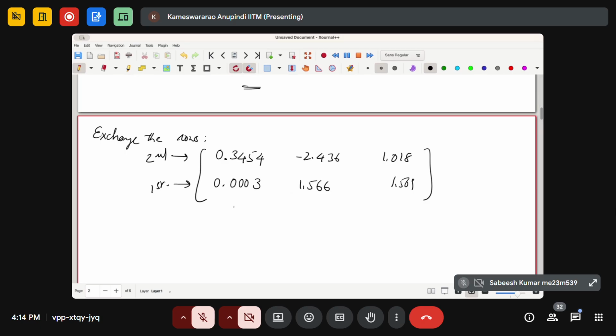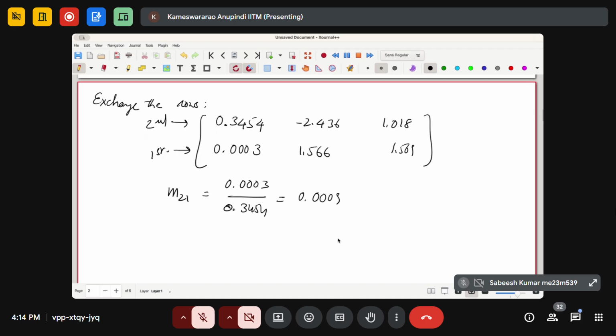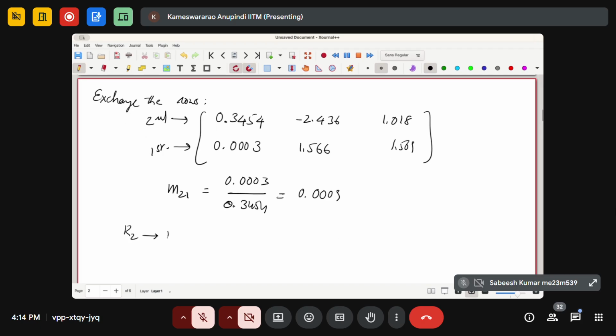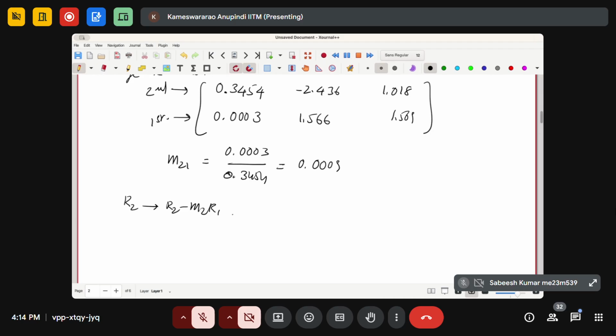Okay. And then our multiplier M21 now is going to be 0.0003 divided by 0.3454. That is going to be 0.0009. Then if I do R2 goes as R2 minus M21 R1, the first row remains the same, 0.3454, minus 2.436, 1.018.